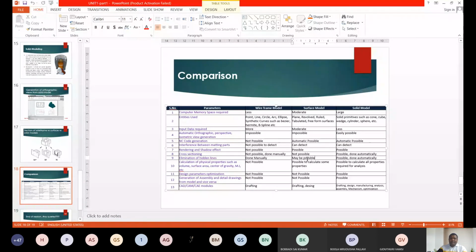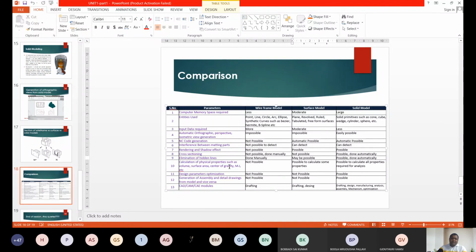Why is it said that it may be possible? That purely depends upon the kind of tool. The tool should accommodate such options depending upon the different types of surface models.